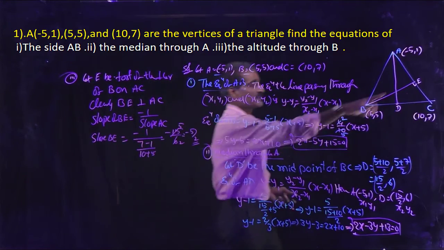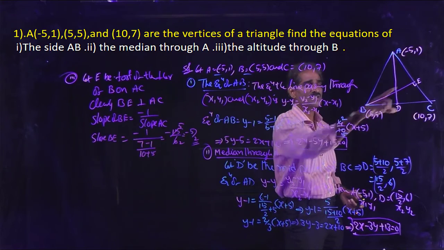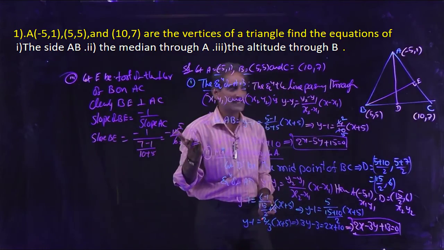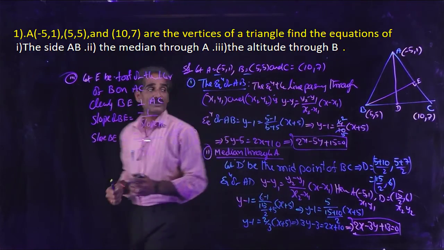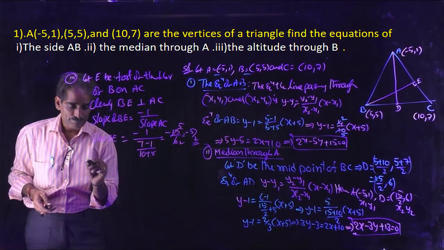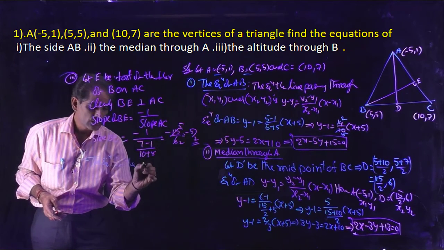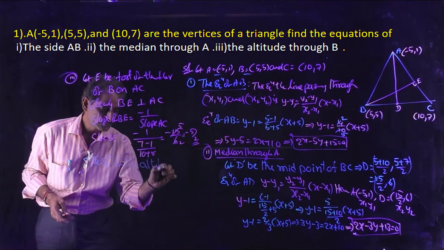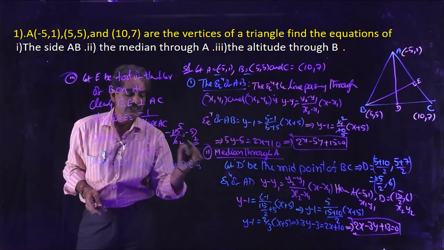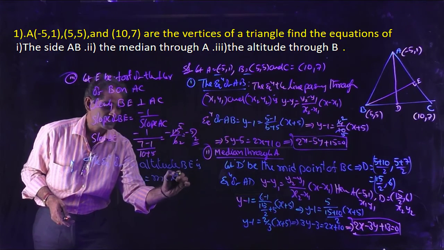Slope of BE is equal to minus 5 by 2, and it is passing through this point. That means to find the equation of BE, there are two required things: one is a point and the other is the slope. Already the slope is there, that is minus 5 by 2, and it is passing through 5 comma 5. Now the equation of the altitude BE is y minus y1 equal to m into x minus x1.